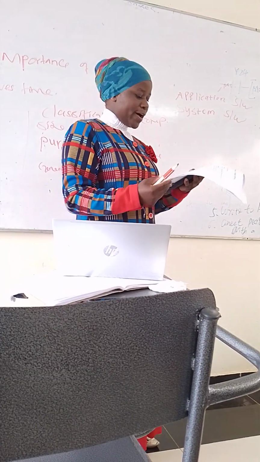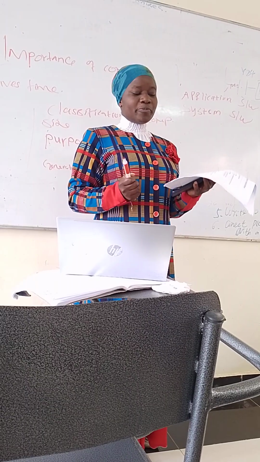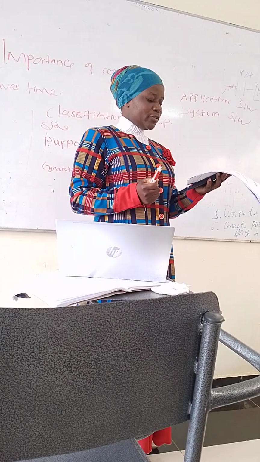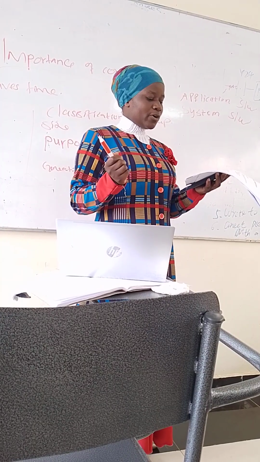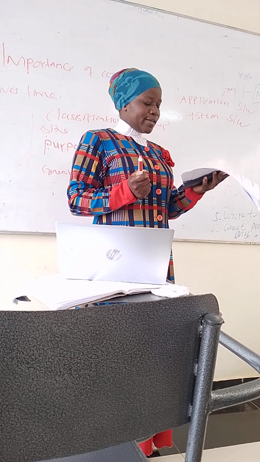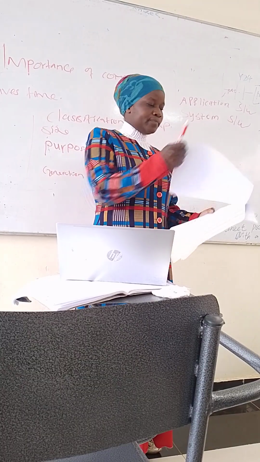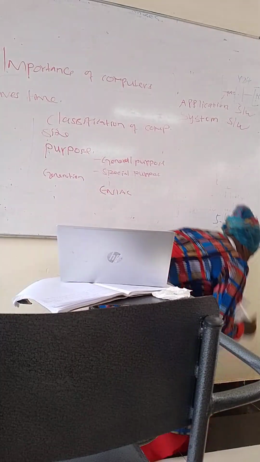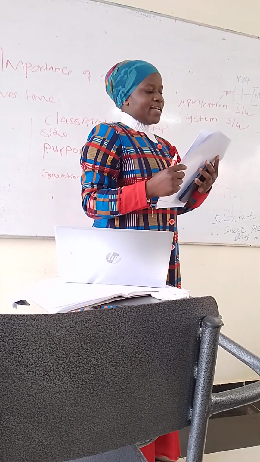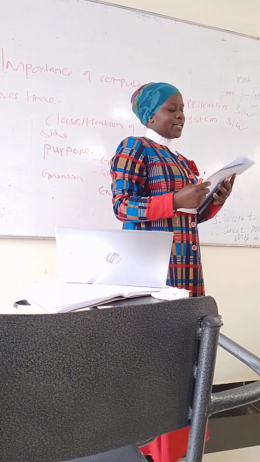Definition of OS: a collection of programs that manage computer hardware and software resources. Functions: number one, booting the computer; two, managing memory and storage; three, handling input and output operations; then the second last is providing user interface; then lastly, running applications.